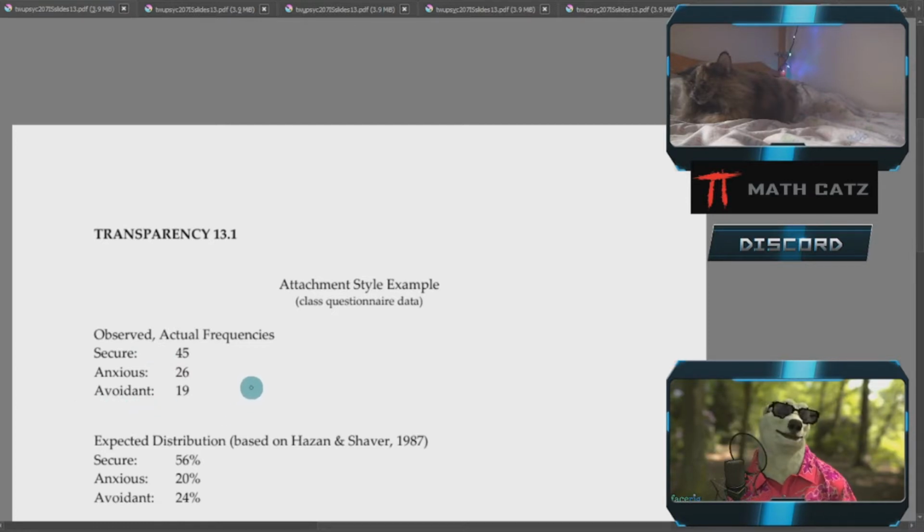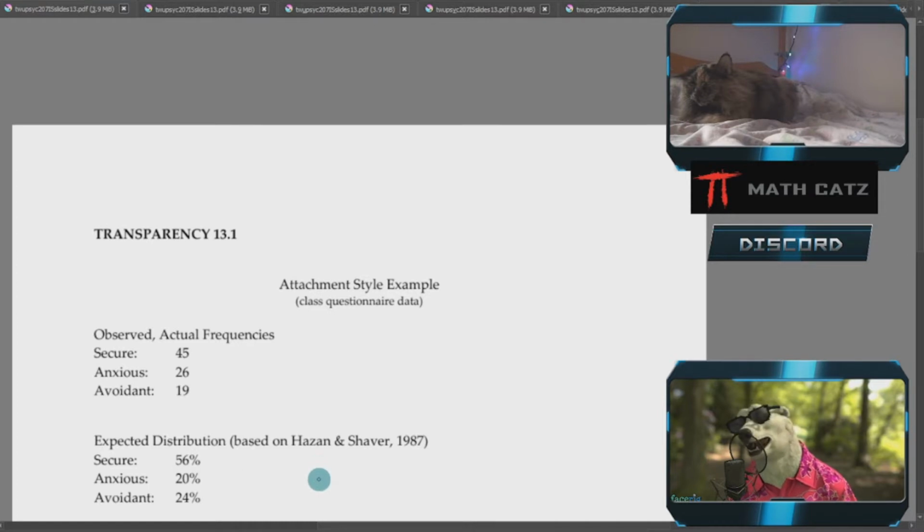So we observe some frequencies from a survey that we do, and we get that 45 people had a secure attachment style, 26 anxious, and 19 an avoidant style. And we want to ask, does that fit with the general expected distribution of attachment styles?